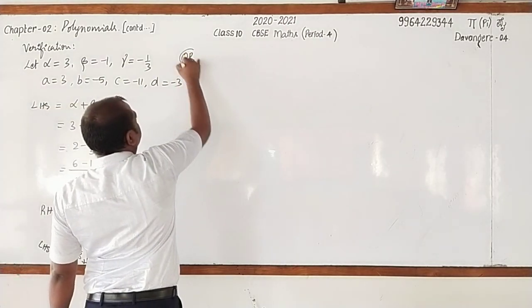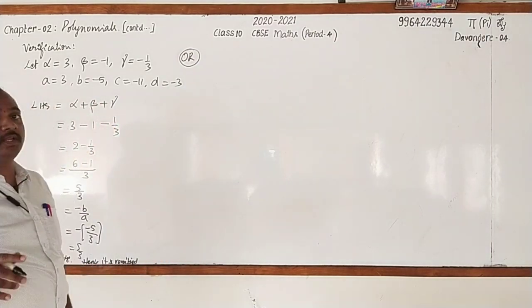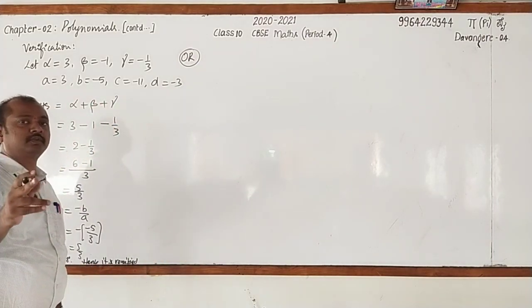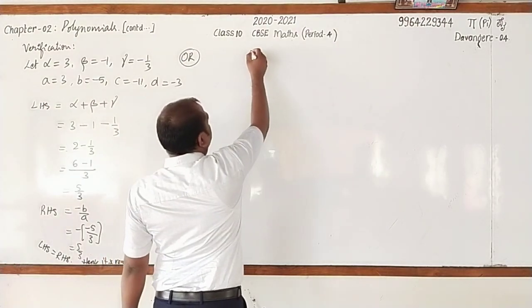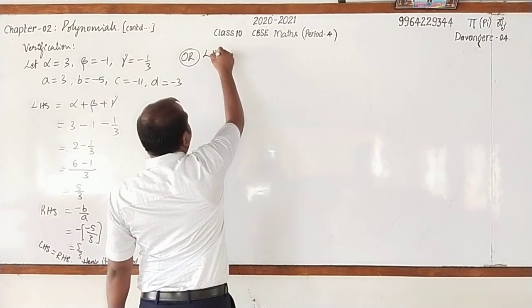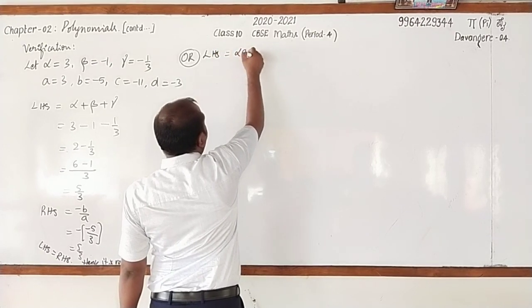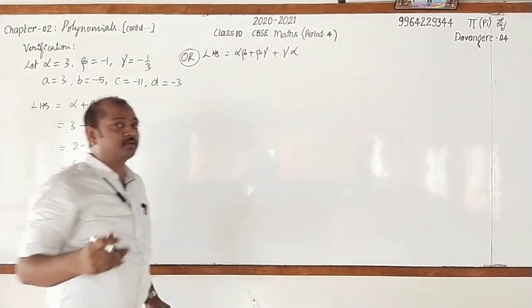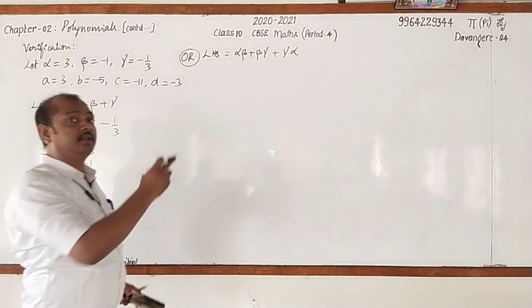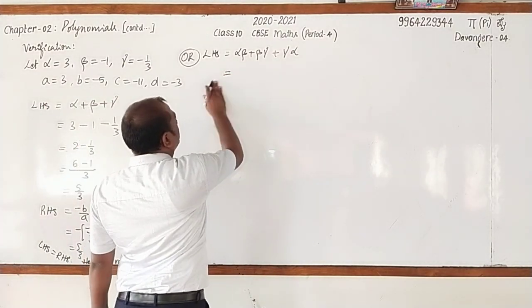What are those? The second one is the sum of the product of two zeros taken together. You may just recall that LHS equals alpha beta plus beta gamma plus gamma alpha. That's equal to C by A, right? Let us check it out.